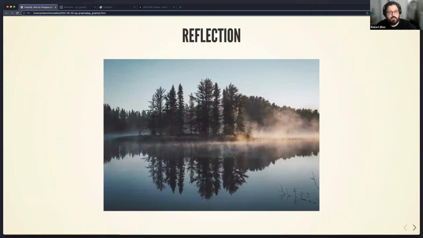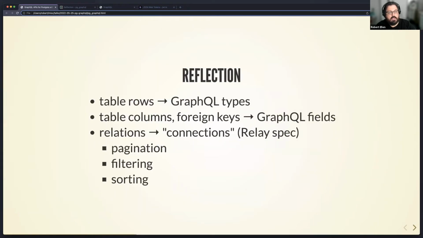So the way we get this GraphQL schema from the underlying Postgres schema is through reflection. Postgres table rows get mapped into GraphQL types. Table columns and foreign keys get mapped into GraphQL fields, and then relations and groups of rows get mapped into something called connections.